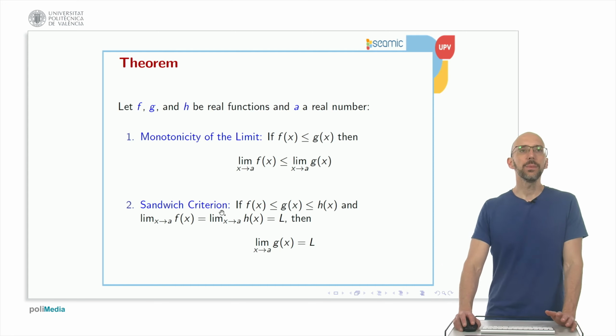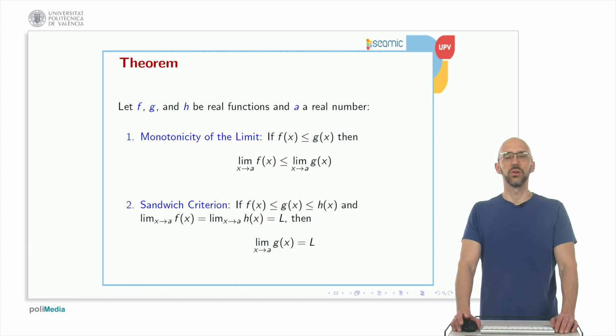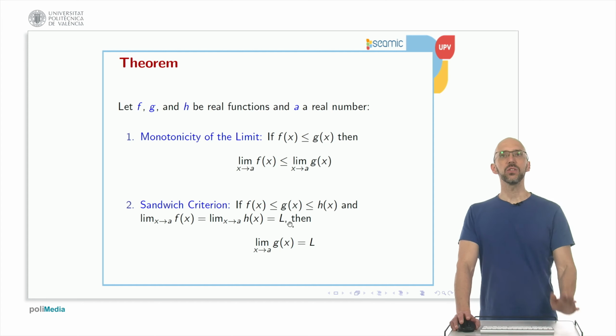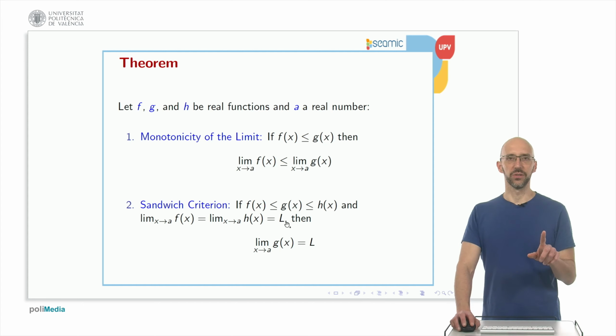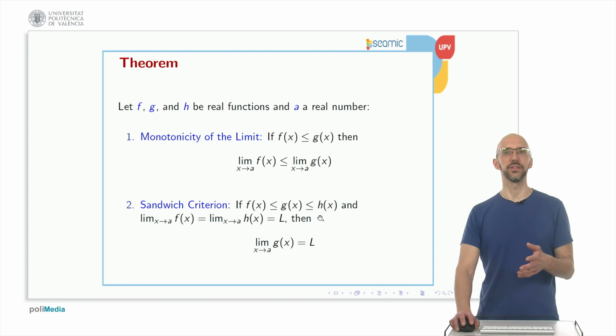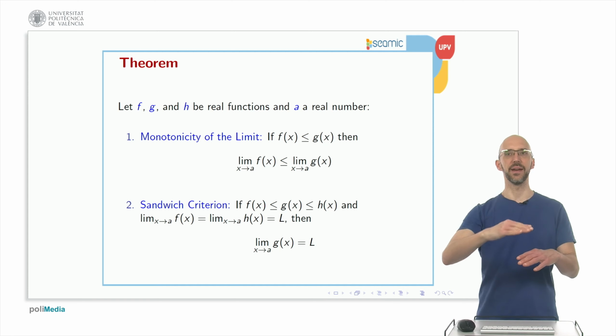Okay. And what about the sandwich criterion? This is a very important tool in order to solve indeterminations or in order to calculate limits. In this case, we are going to consider three functions, and this is the key idea. The function f is smaller than g and g is smaller than h. So it's the same situation as before, that you have h, g, and f.